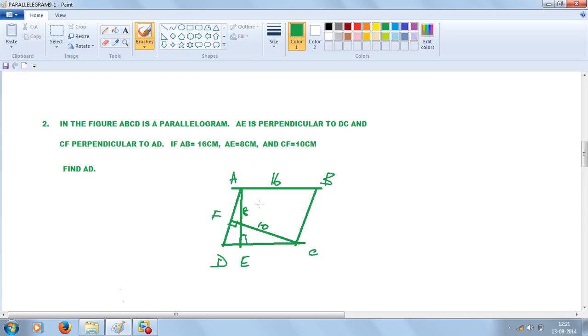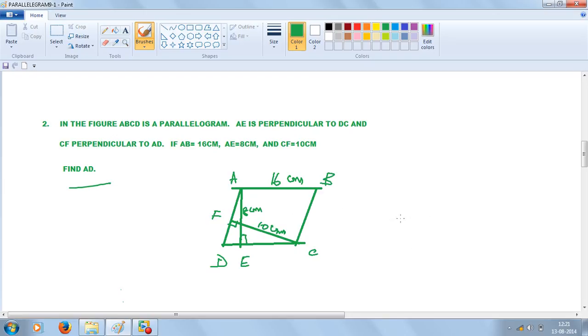If AB is equal to 16 centimeters, and CF is equal to 10 centimeters, and AE, perpendicular, is 8 centimeters. So find AD.